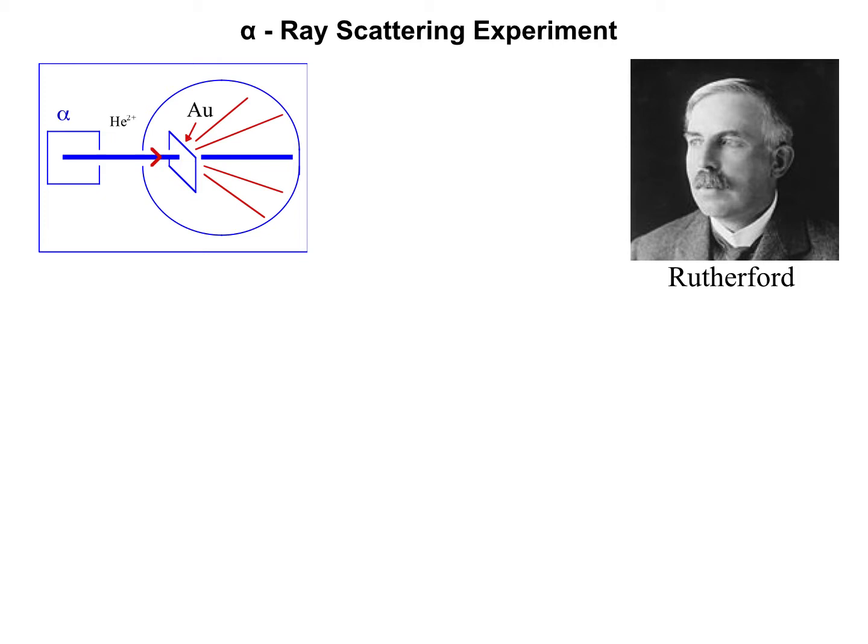Occasionally, a particle bounced back almost into its position. By placing a circular photographic plate around the gold foil, they were able to detect that very few particles are scattered by very large angles.